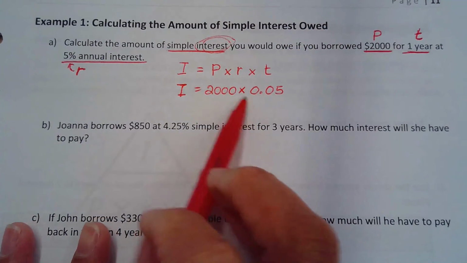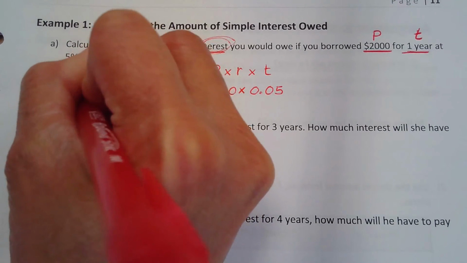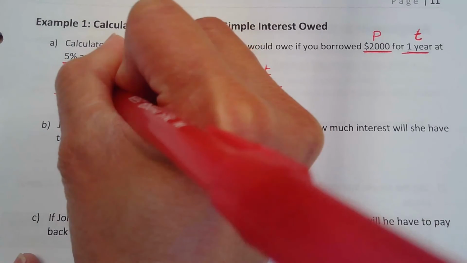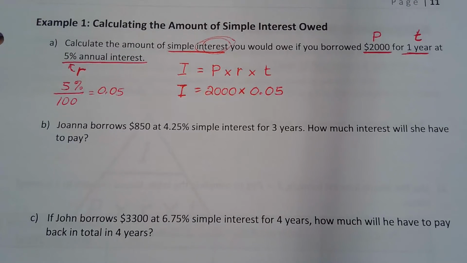Let me backtrack here. We know 5% means 5 out of 100, which is 0.05. We know how to do that because we talked about percent. 5% means 5 per 100. So 0.05. Okay, what's next?